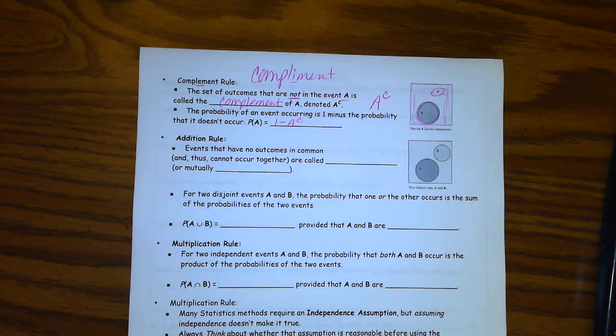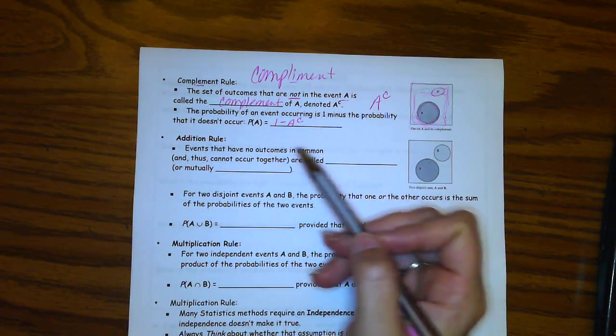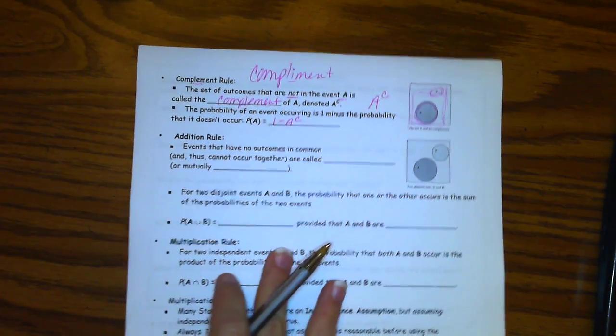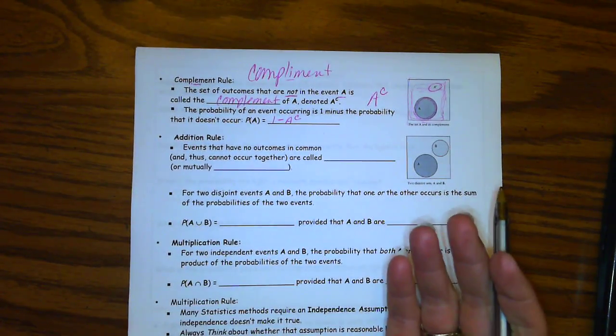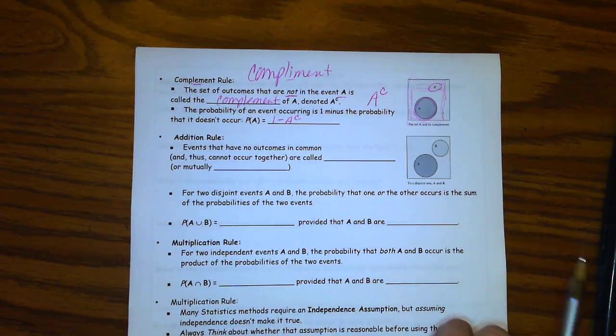So for example, if we arrive at a stoplight at the corner of our neighborhood, and we know the probability that that light will be green when we get to it is, say, 30%, just made that up, then the probability that the light will not be green is 70%. That's that 1 minus. 1 minus 0.3 is 0.7, or 100 minus 30% is 70%. Now, not being green actually includes red or yellow, but I didn't distinguish. I just said green or not green.